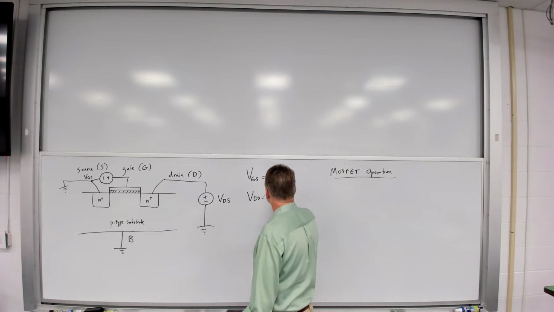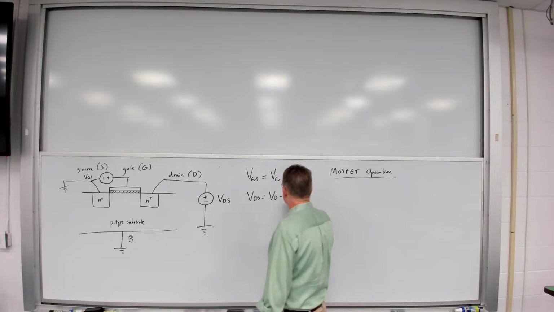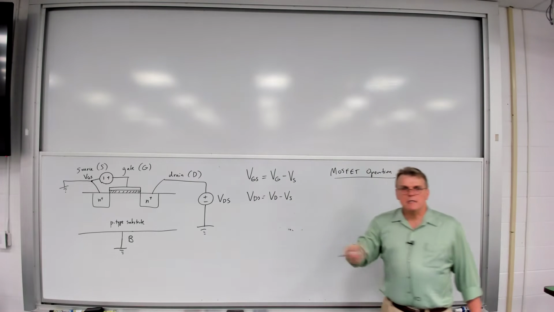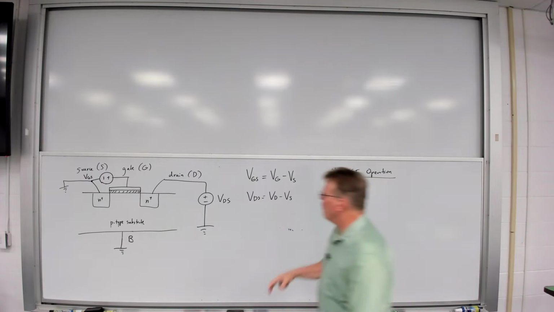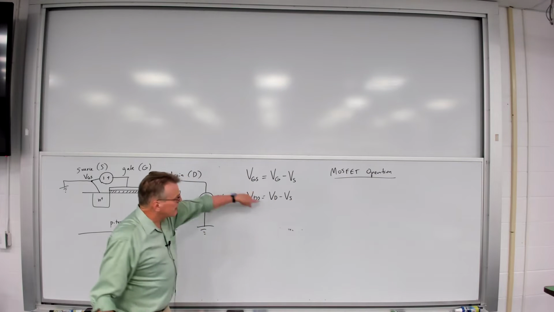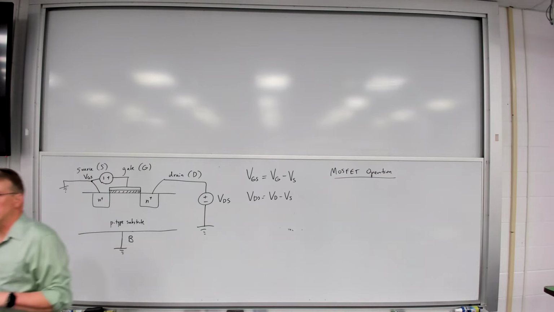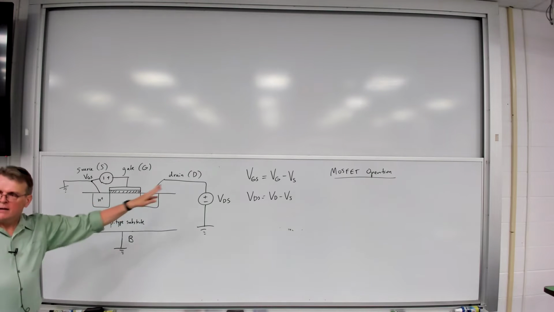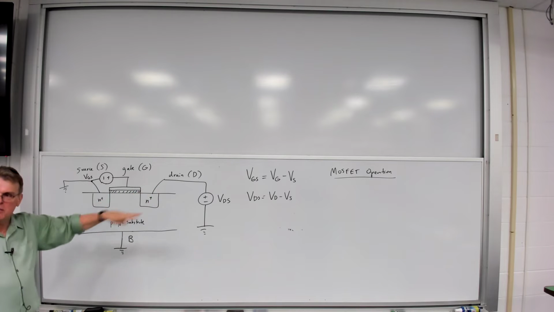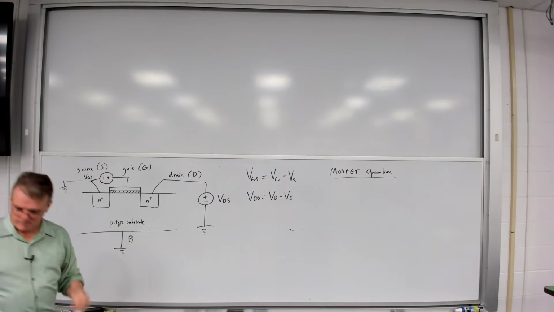VDS is equal to VD minus VS. So when you see these double subscripts, it's a shorthand way of identifying a voltage drop between two terminals or two nodes in the circuit. So you will see this in the book, and you'll see this constantly, not only with MOSFETs, but we'll see it with BJTs as well.